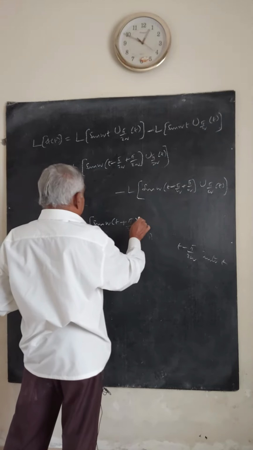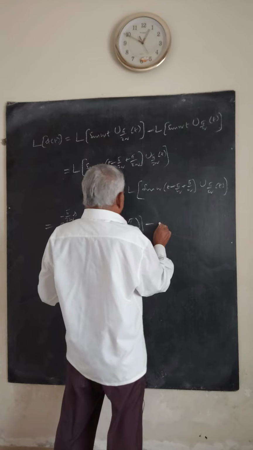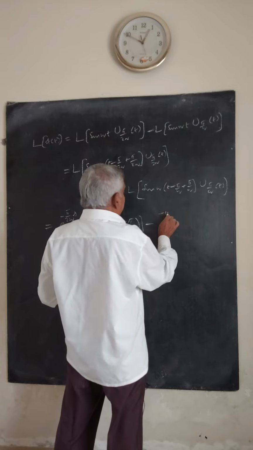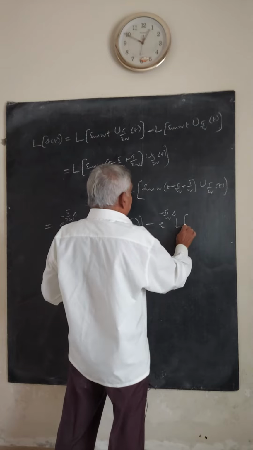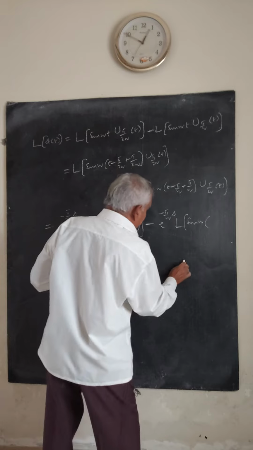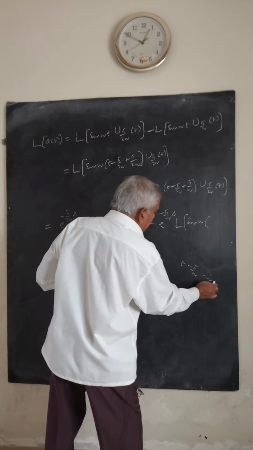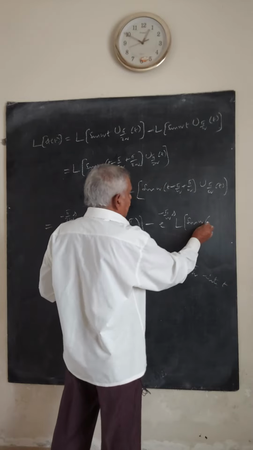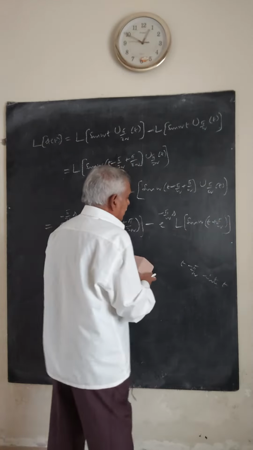Minus e power minus pi by omega times L of sin omega t minus pi by omega changed into t, therefore t plus pi by omega.